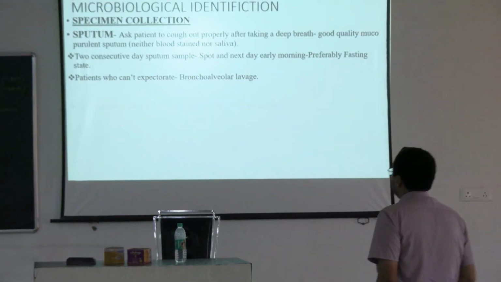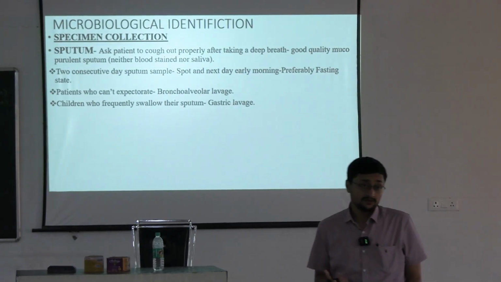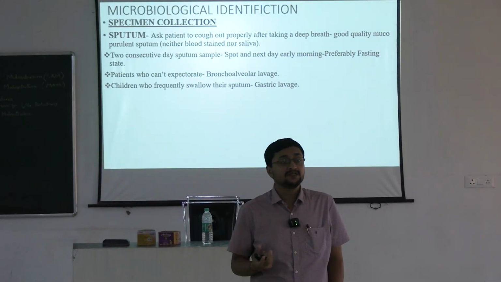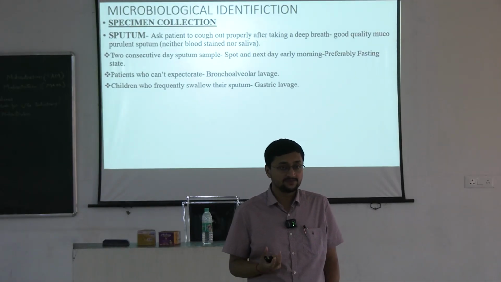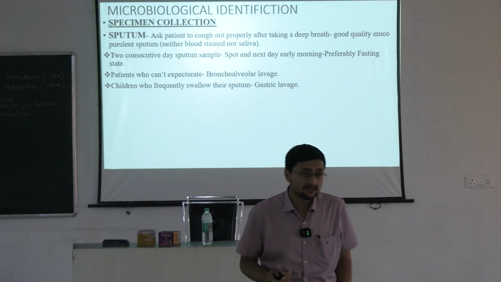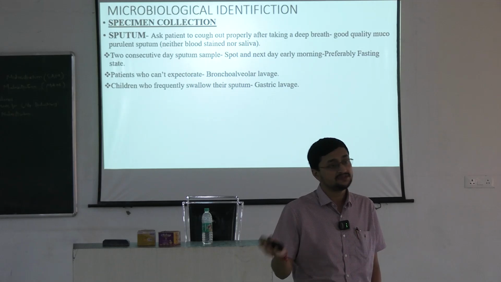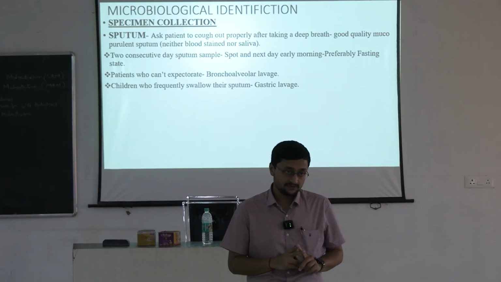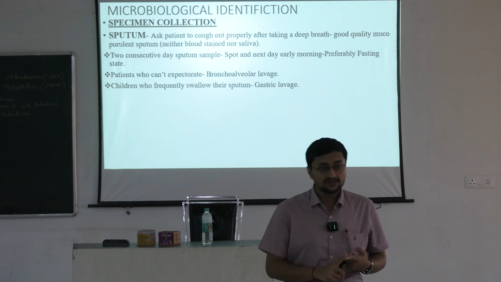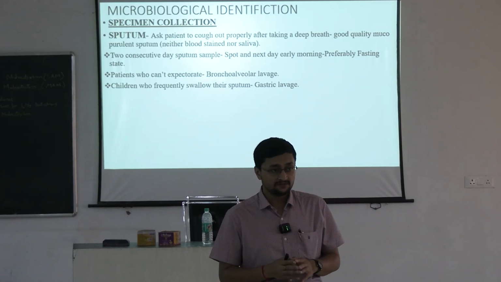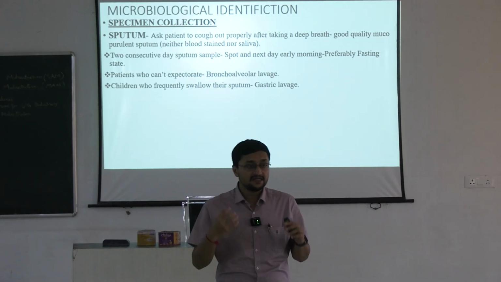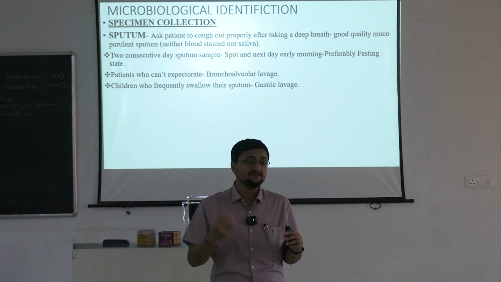Suppose you are dealing with a patient with presumptive tuberculosis, who has had dry cough for more than 2 weeks and fever, but the patient cannot expectorate. So what will you do? There are 2 different options. One is the ideal one, that is bronchoalveolar lavage. You insert a bronchoscope through the bronchus and collect the specimen from the bronchus and alveolar lavage.